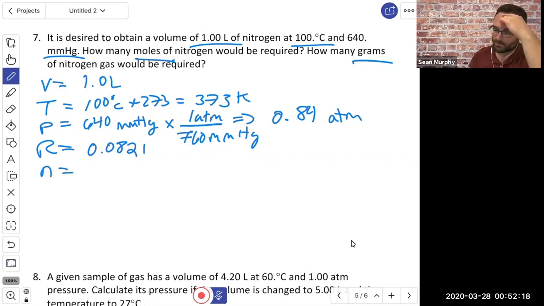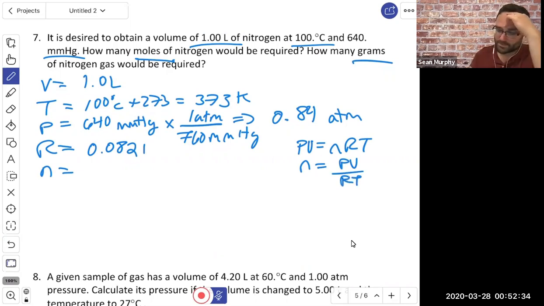So remember our formula is PV equals nRT, and then we're going to rearrange it to look like this. The number of moles is PV over RT. So pressure is 0.84 atmospheres. The volume is 1.